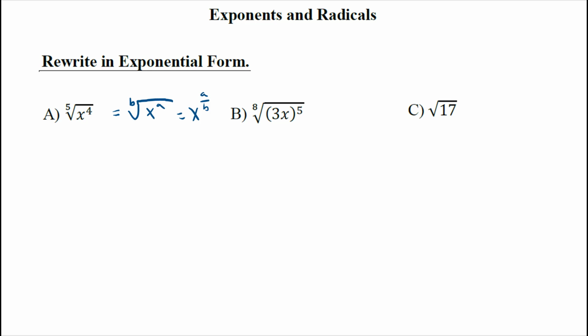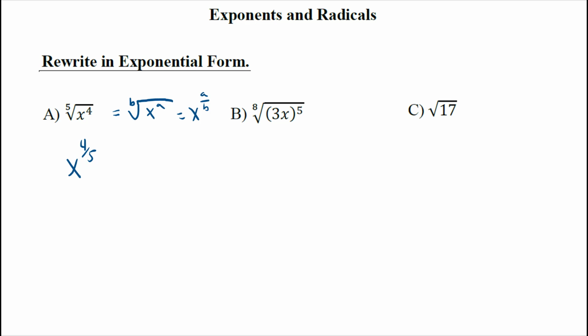So with the fifth root of x to the fourth, if you just follow that plan, you can simply say that you have x to the 4 fifths. Put that x a little bit bigger, so the 4 fifths looks like it's the exponent. So 4 fifths is your exponent on that one.